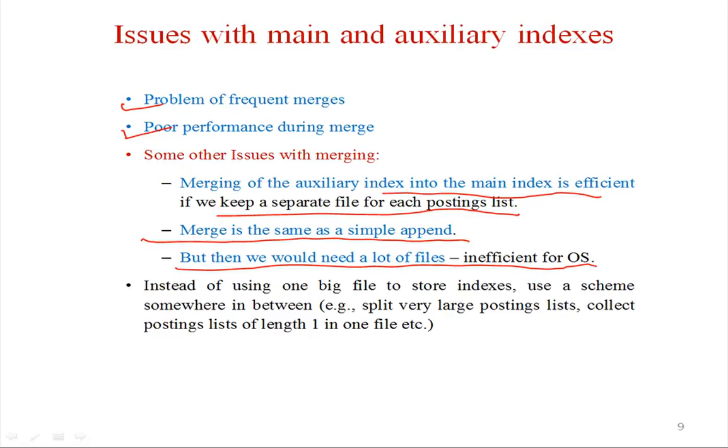Actually, each time the auxiliary index becomes too large, we merge it into the main index. The cost of this merging operation depends upon how we store the index in a file system. If we store each posting list as a separate file, then the simple merge consists of extending each posting list of the main index by the corresponding posting list of the auxiliary index.